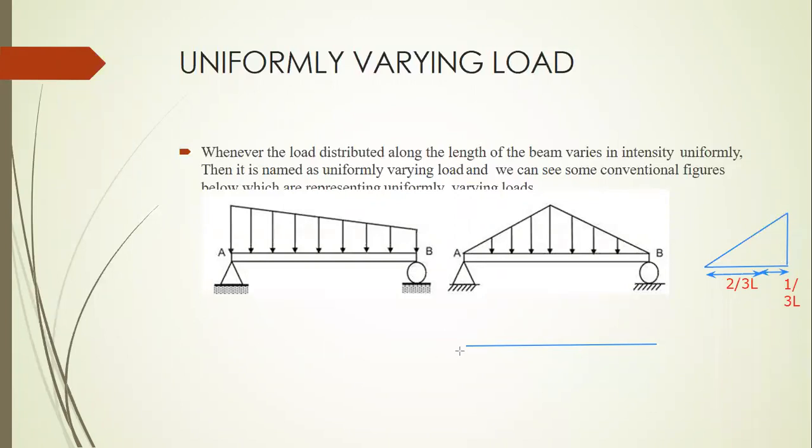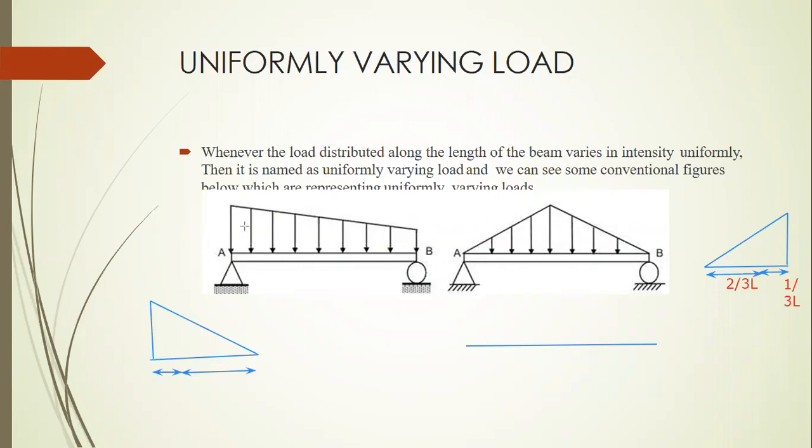Suppose, for instance, let us consider a triangle in this direction. Then the centroid will be at a distance of 2/3 from the hypotenuse end. This is your hypotenuse end. Okay, and 1/3 from the opposite end. Okay, this you have to remember.